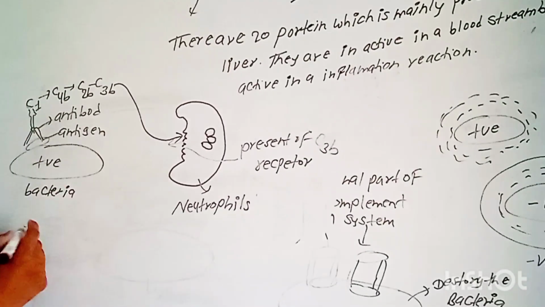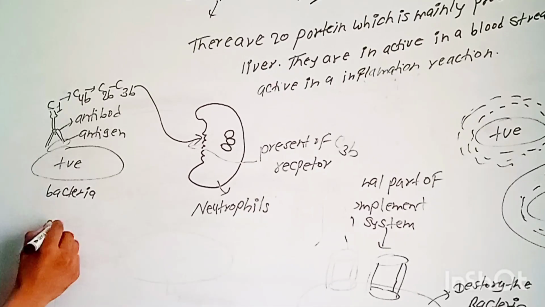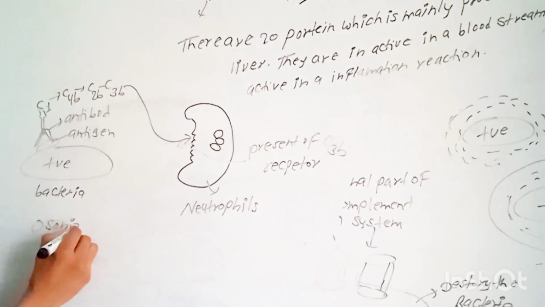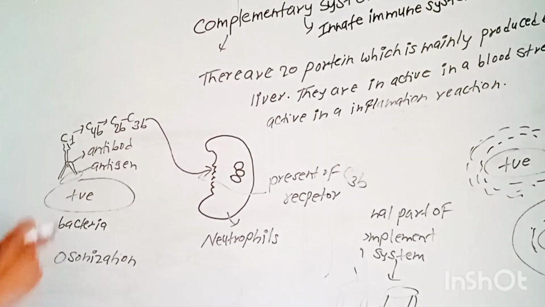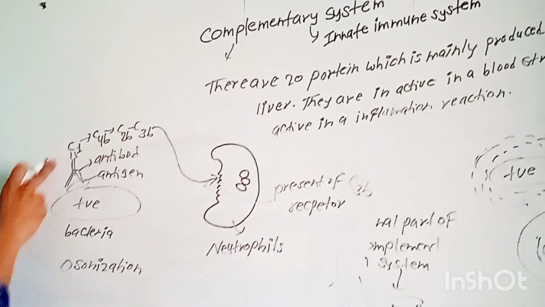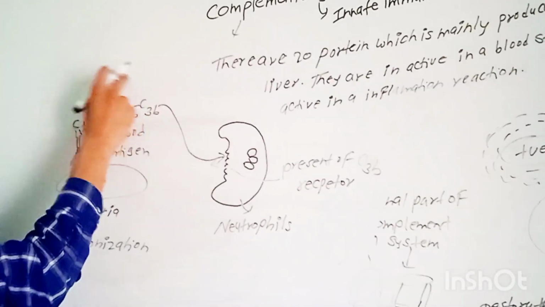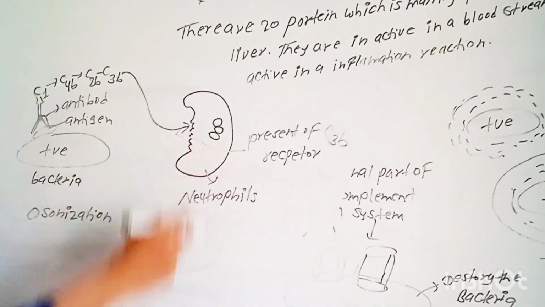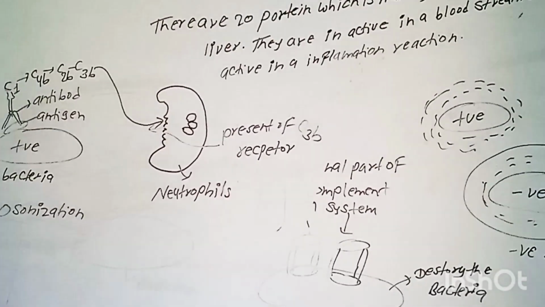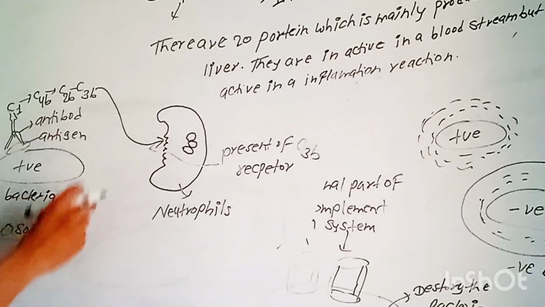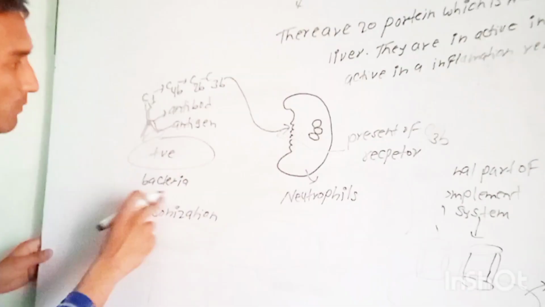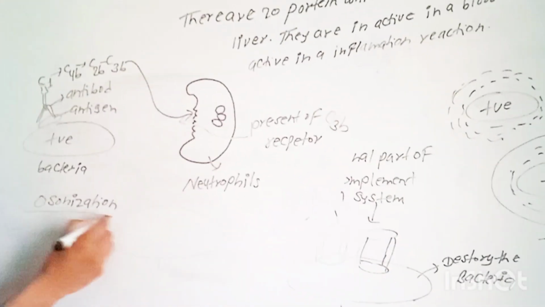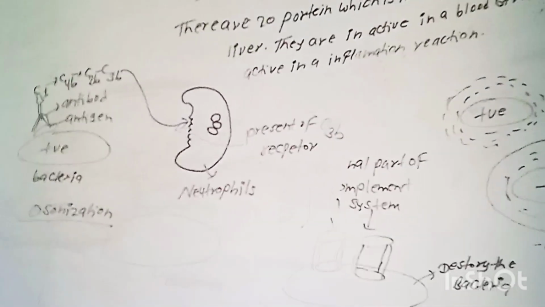This process is called opsonization. Opsonization is a process in which one end of the complement protein is attached to the pathogen, and another end of the complement protein is attached to the neutrophils or macrophages, and they can destroy the bacteria or pathogen by this process called opsonization.